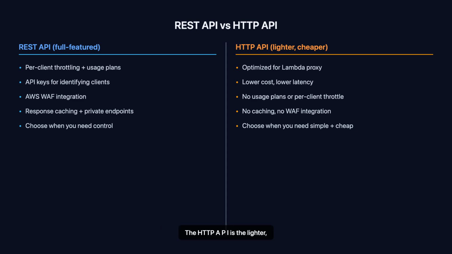The HTTP API is the lighter, cheaper option, optimized for simply proxying to Lambda with lower latency but none of those advanced features. So the rule is straightforward. If the scenario needs usage plans, per client throttling, web application firewall, or caching, choose the REST API. If it just needs a cheap, simple front door, choose the HTTP API.